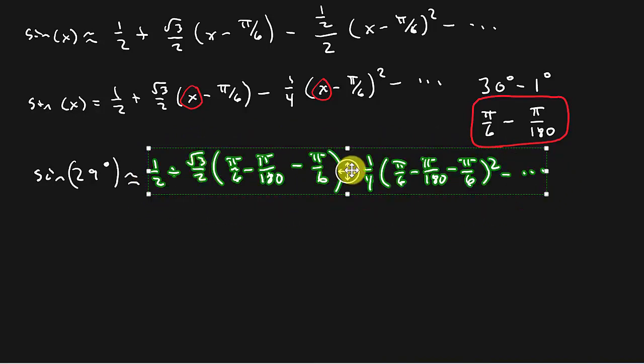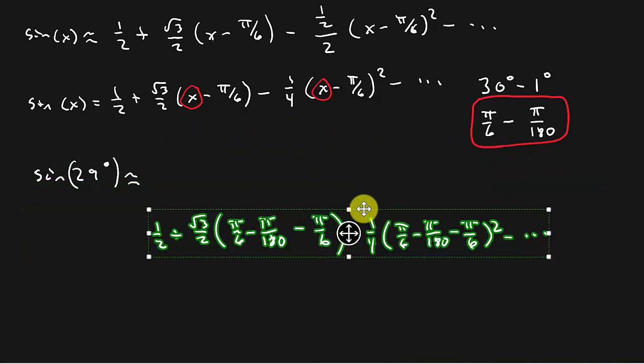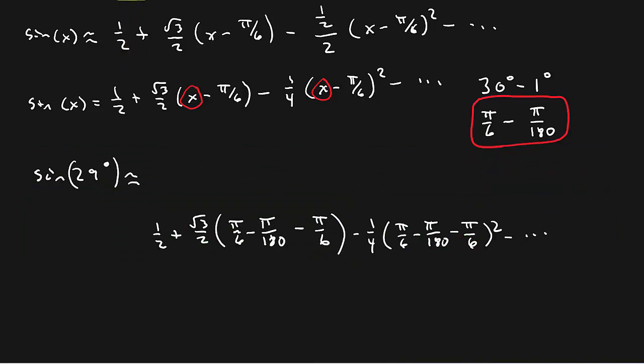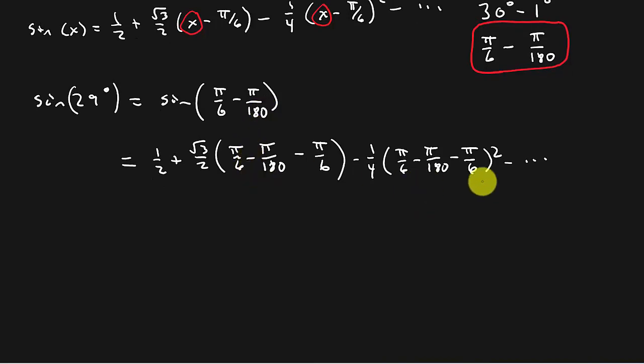Let me move this down to right there, and let's write this as sine. And remember, instead of 29 degrees, we're using this. This is what we're plugging in. Okay, and then that equals, and then we just plug that in for x. Okay, I should have written that down, but I didn't. Oh well.